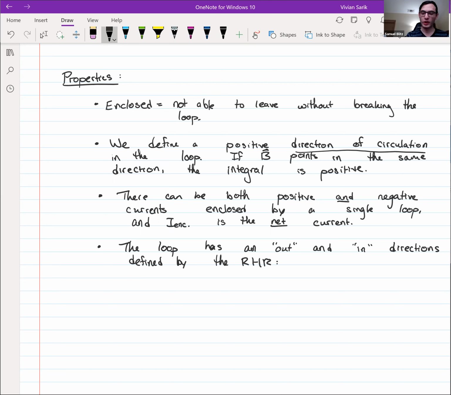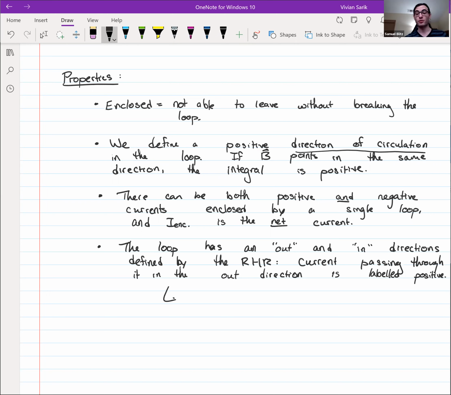So current passing through it in the out direction is labeled positive. And current that passes in the in direction is labeled negative accordingly.